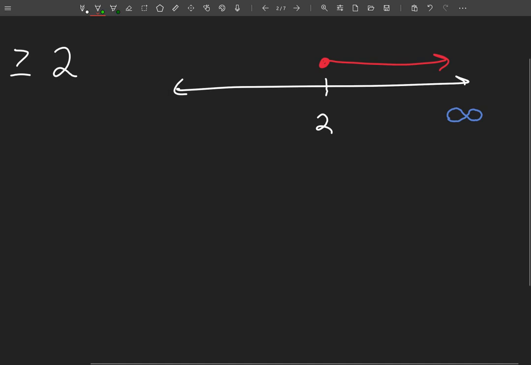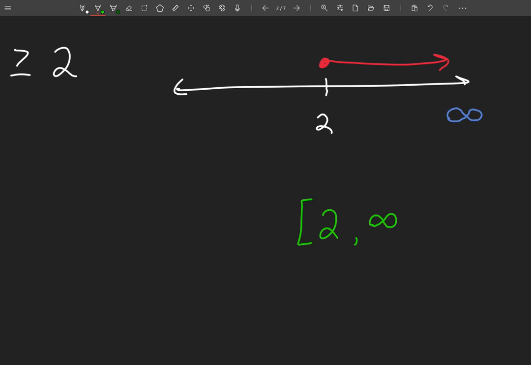And on my left, my endpoint is 2. My right, it's not an endpoint, but it is something to put on the right. Okay, now on the left, this is filled in, isn't it? So I'm going to have my bracket. Now think about the right side. Do I need to put a bracket or parentheses? And what do those mean? Bracket means that I am including that number. So it's a number that I can find and write down.